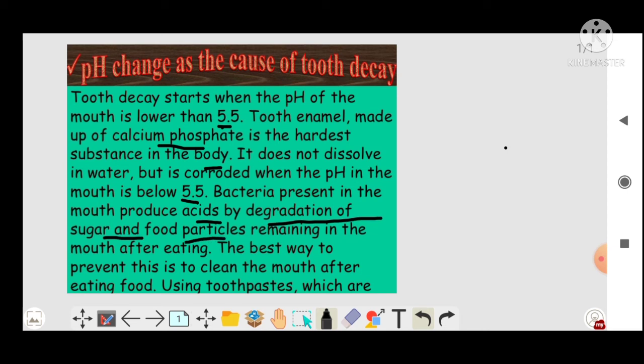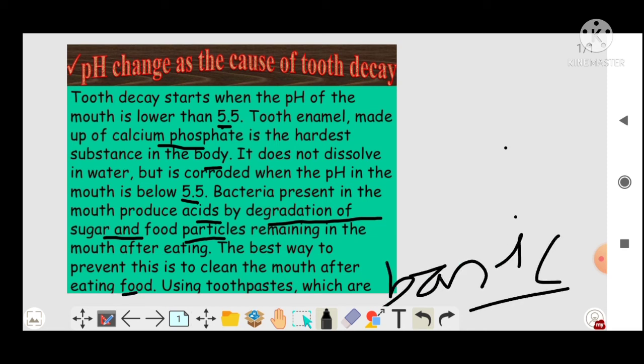Okay, the best way to prevent this is to clean the mouth after eating food and to use toothpaste, which is basic in nature. This basic toothpaste neutralizes the excess acid that is produced by the bacteria.